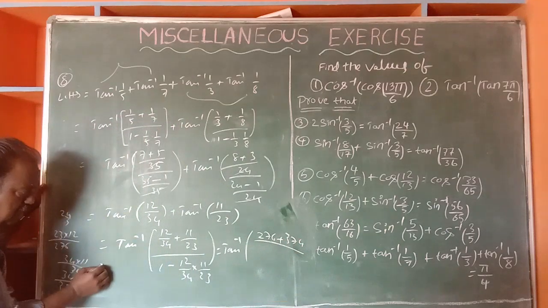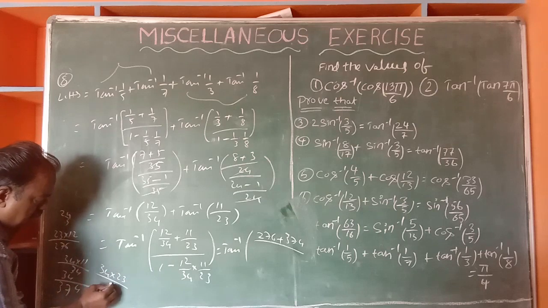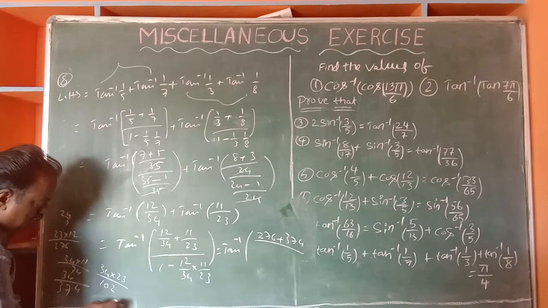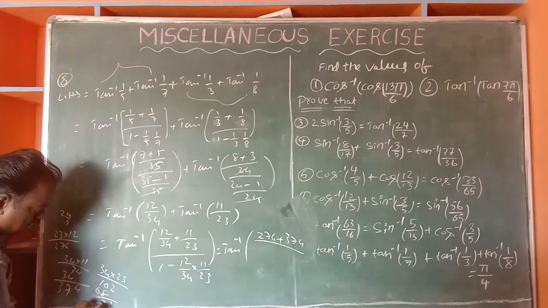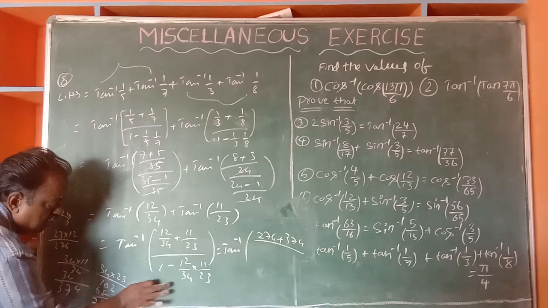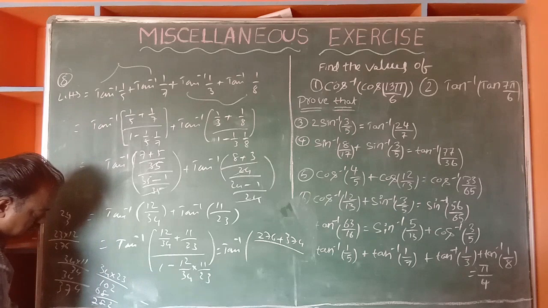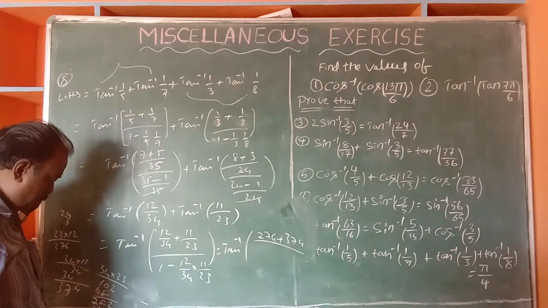Here it is 34 into 23, which is 782. 12 times 11 is 132. You subtract 132. It is 650.